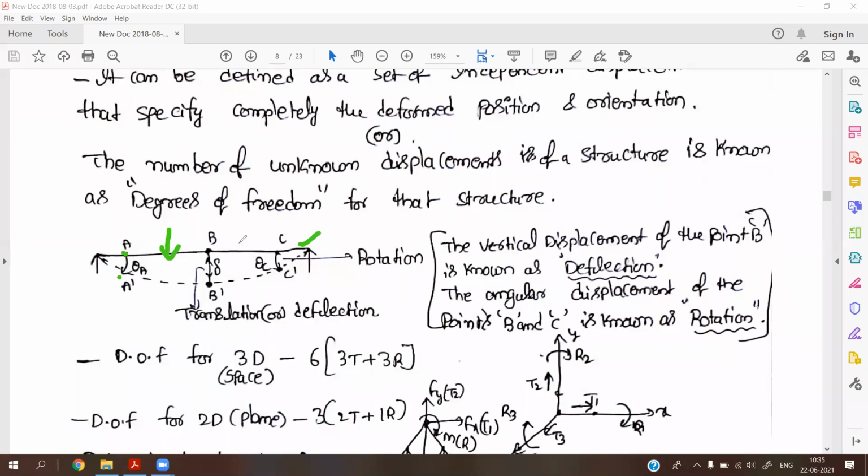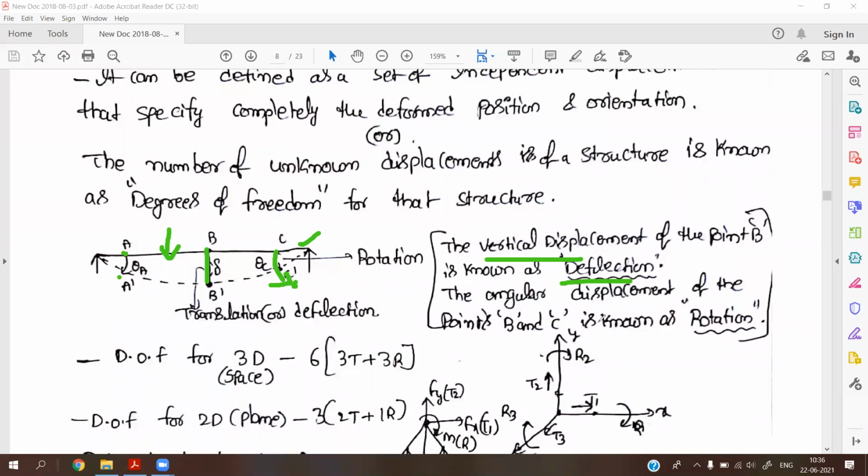If the displacement happens in the vertical direction, then it is known as deflection. Otherwise, if the displacement is angular, suppose this is a point here, after placing the load the point C changes in this way, from C to C dash in an angular displacement.